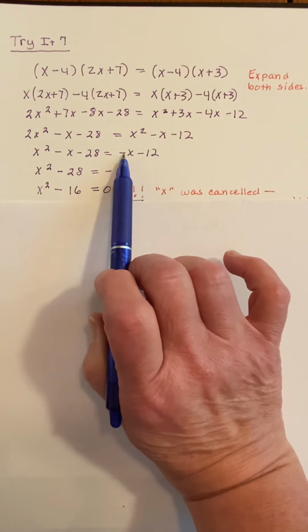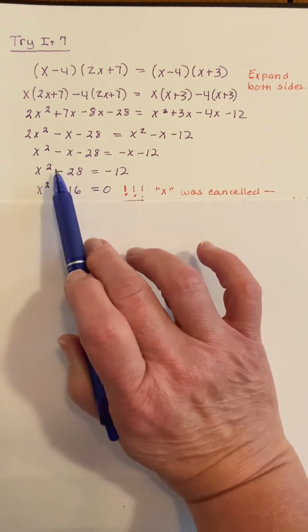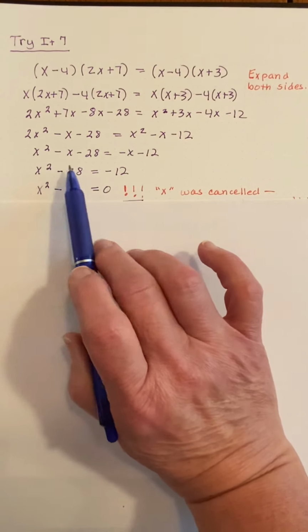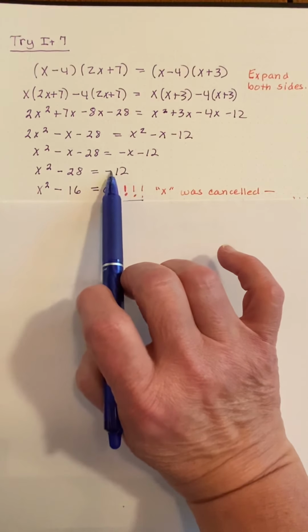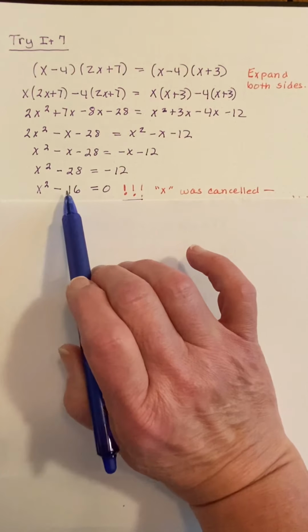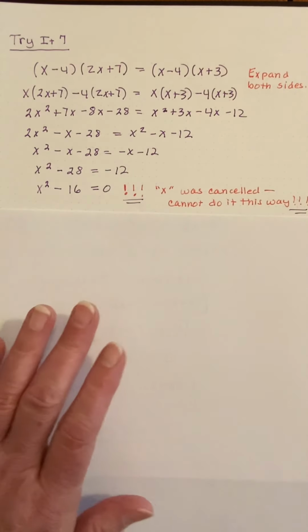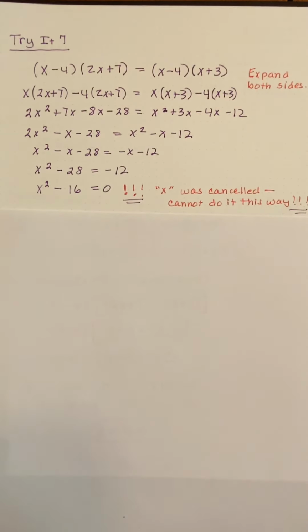Then I take my minus x by adding it, cancels out my x's. Then of course I take this over by adding, but that's neither here nor there because I need an x. We can't factor this form, this quadratic equation, without the x.